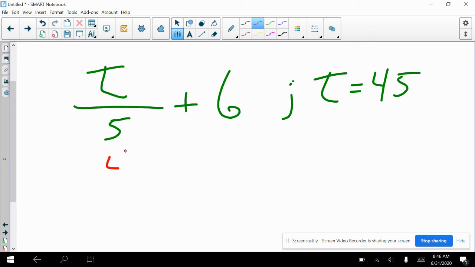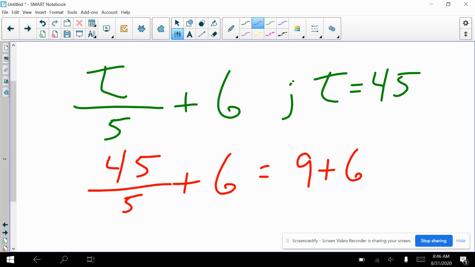Okay, so we plug in 45 where t goes. What are you going to do first? Divide or add? Divide. What's 45 divided by 5? 9. So we get 9 plus 6. That's going to yield us a 15. So far, so good.